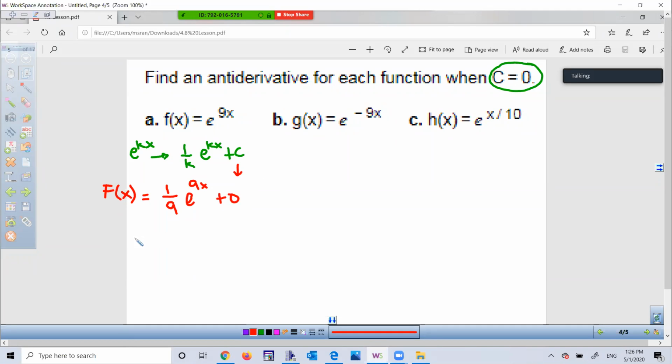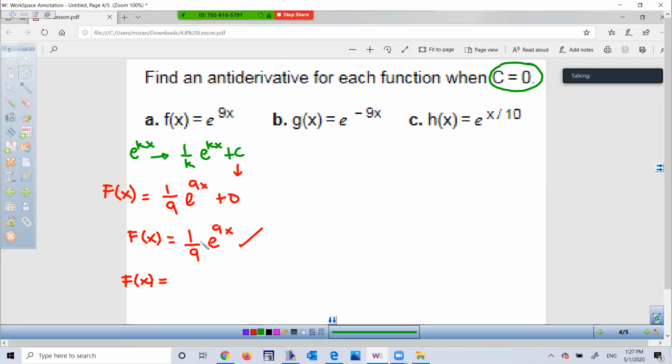So final thing, you don't need the plus 0 there. 1 over 9 times e raised to the 9x. This is okay. What's another way you can write this answer and it should be counted as correct on MathXL? You can either write 1 over 9 and then leave a little space to the right-hand side with a right click or something and start typing this. Or you can write this as a single fraction.